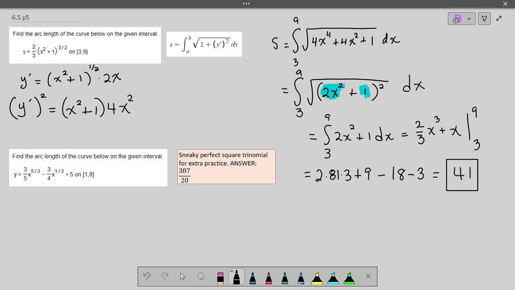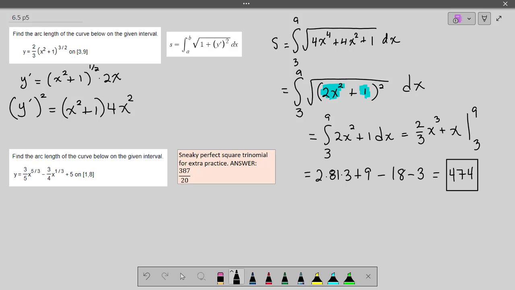That doesn't seem right. No, that doesn't seem right, because this is going to be 240, this is going to be 486. So 474? That tracks more. 474. The hard part is to type it into your calculator.